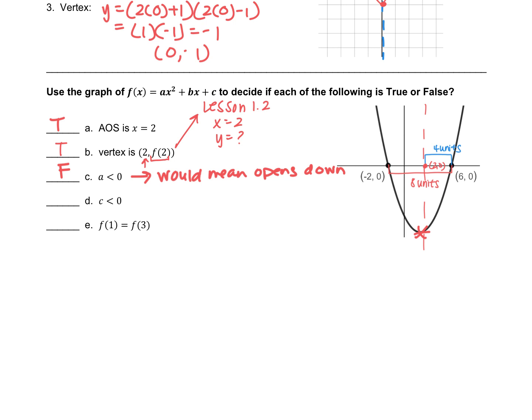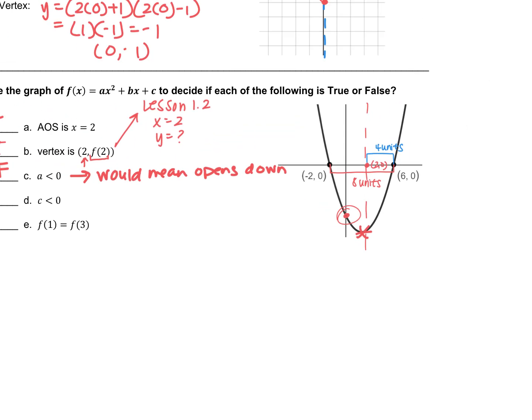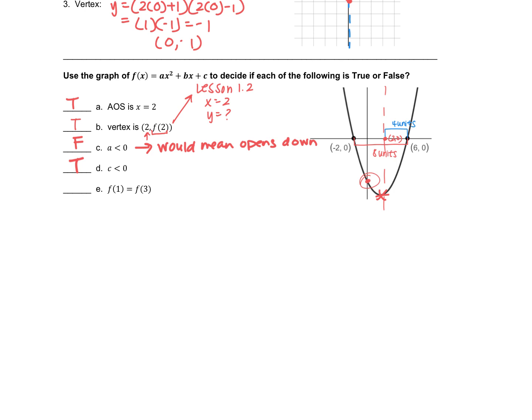Now it says c is less than 0. Now, what does the c value stand for? The y-intercept. So the y-intercept is less than 0, meaning it's negative. Here's the y-intercept, down here. So it's true because it's less than 0.